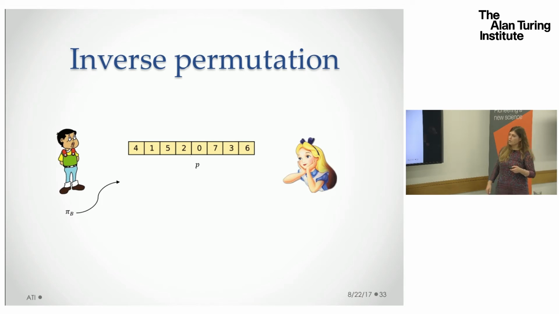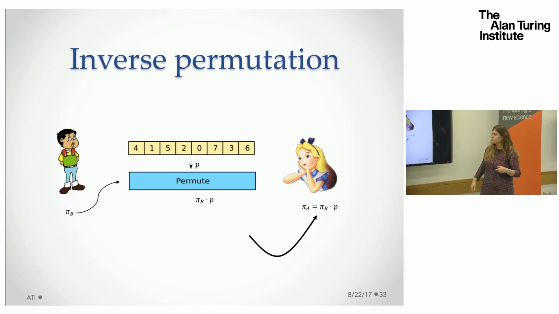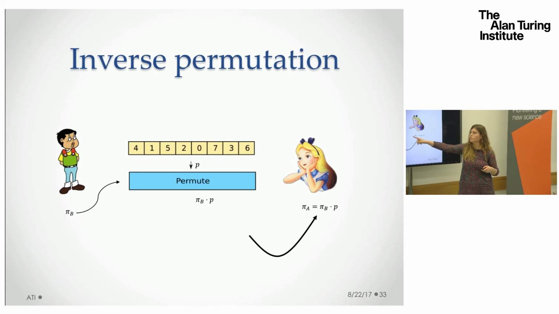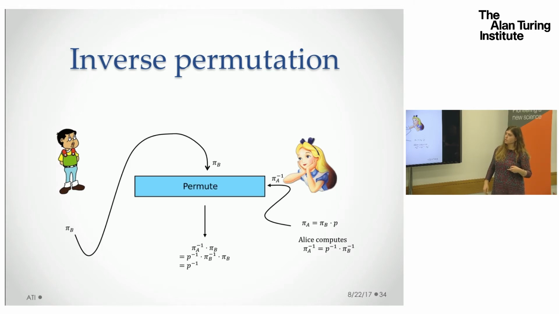So now our way of shuffling a particular array was to start with the array and apply one of the permutations coming from Bob. Then we reveal to Alice this composition of Bob's permutation with the original permutation we are trying to invert. Now, in order to compute the inverse permutation, we compose the permutation of Bob together with the inverse of the permutation that Alice can compute in the clear.